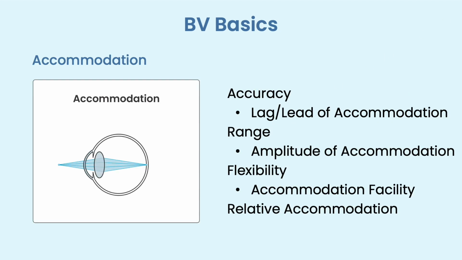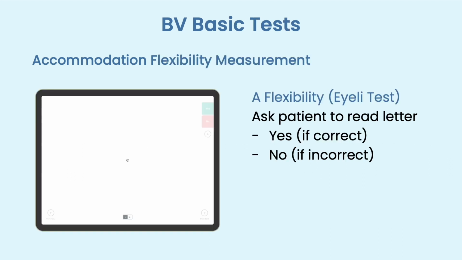To do a basic accommodation assessment, we measure the accuracy, the range, the flexibility, and lastly, relative accommodation. We measure accommodation flexibility with the Eyeli accommodation flexibility test. We will need a +2/-2 flipper to relax and stimulate accommodation, as we ask the patient to identify the letter or shape on the screen.